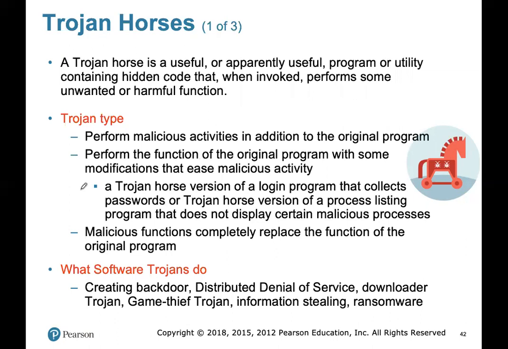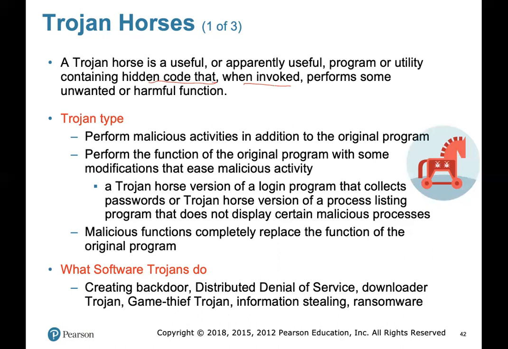Here is the definition that we will be using for Trojan horses. A Trojan horse is a useful or apparently useful application or program that contains hidden code, and the hidden code, when invoked, performs some unwanted or harmful functions. This is the definition of the Trojan horse.